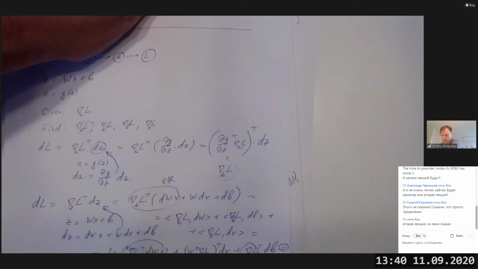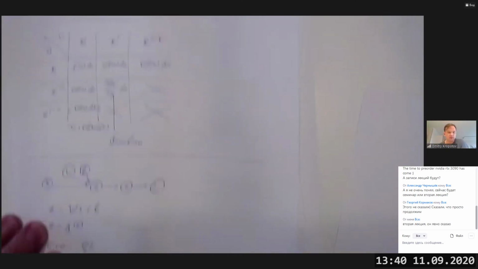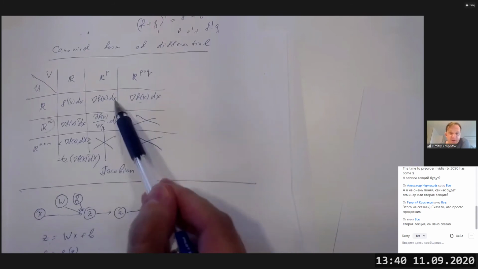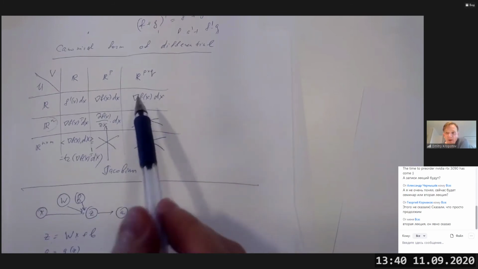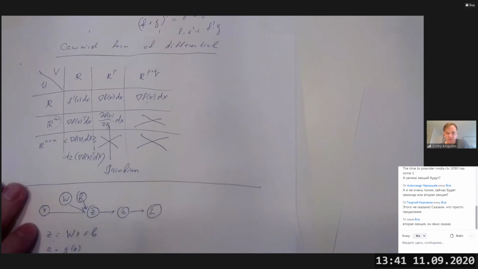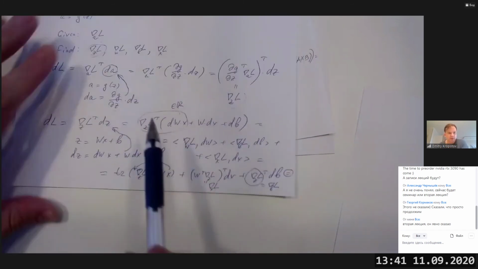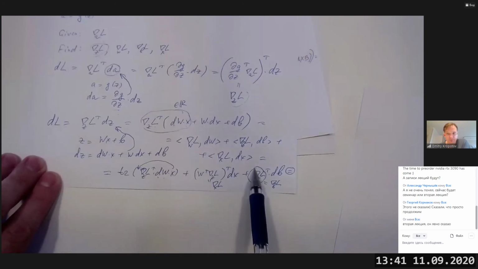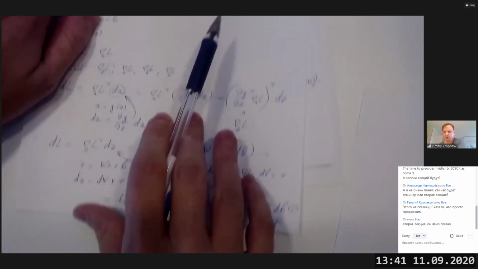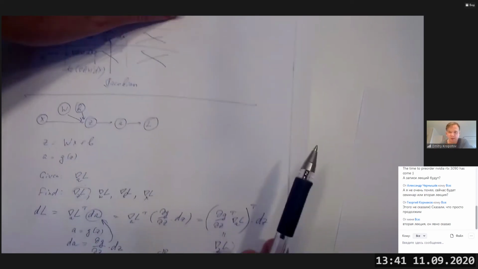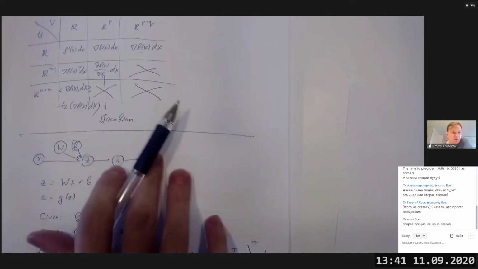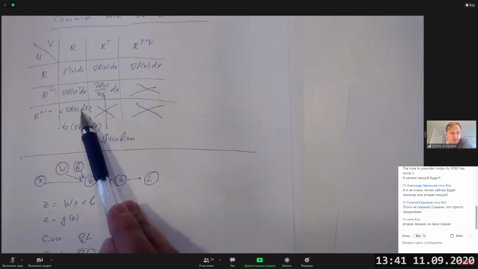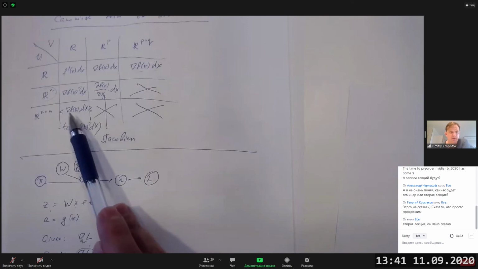Again, we always use this table of a connection between differential and derivative. So here we have calculated a differential. This is the expression for the differential. And if we want to find out the derivative, we need to use something from this table.